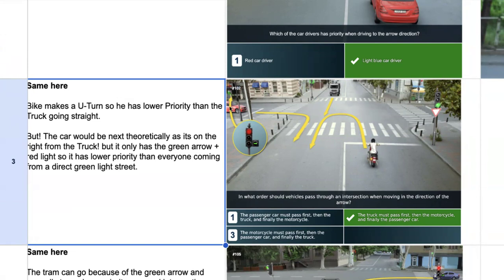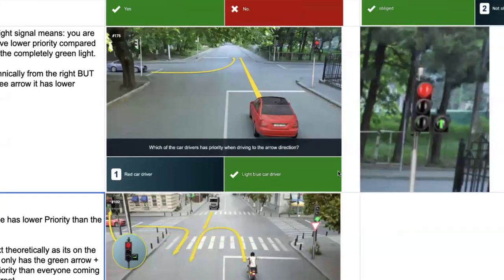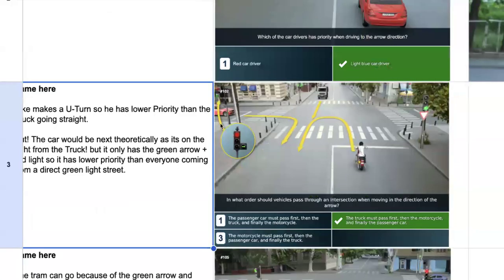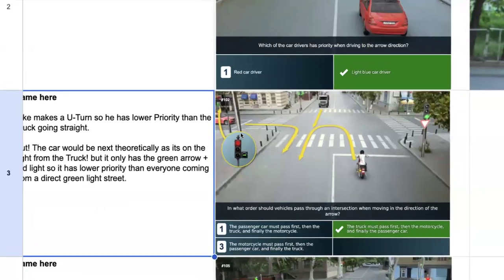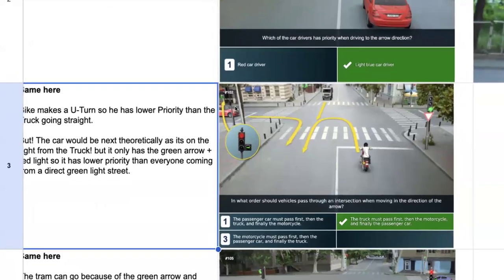But for this red car, it's a red light. And as we just discussed, it's the same situation, just with the right turn. He's supposed to turn right. Technically he would go first if he had a regular green light. But as we have the green arrow, it means he is allowed to go, but he has lower priority than the other guys who have a green light as the main light, right?